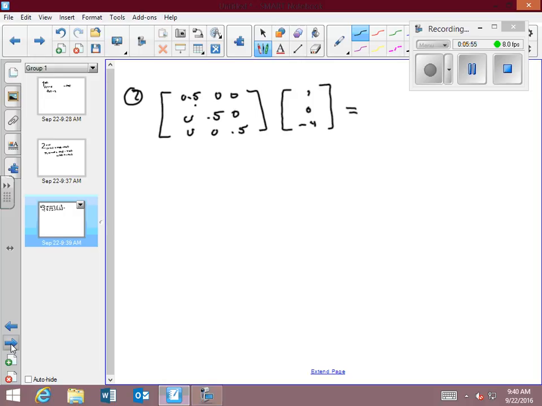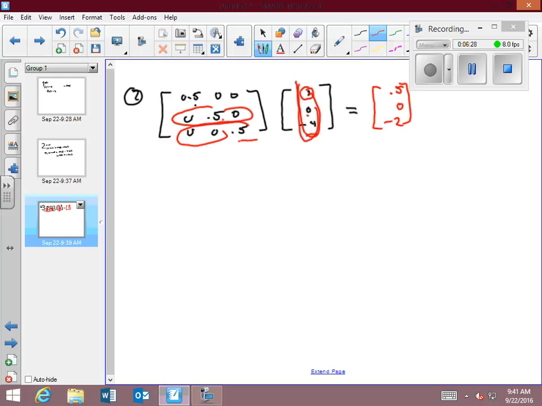So you're multiplying the 0.5 times this value up here, and that's going to get you 0.5 here. Then when you multiply this one times this, 0.5 is multiplied by 0, so you get 0. And then this one times this, the 0.5 is times minus 4, so that's a minus 2.